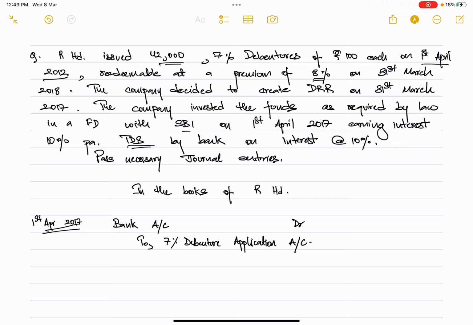Now we are receiving applications for 42,000 debentures at rupees 100 each. So this will amount to a total of 42 lakh rupees.